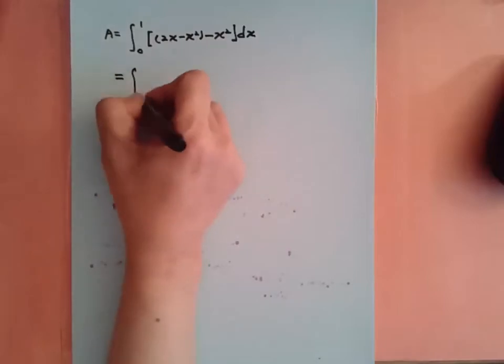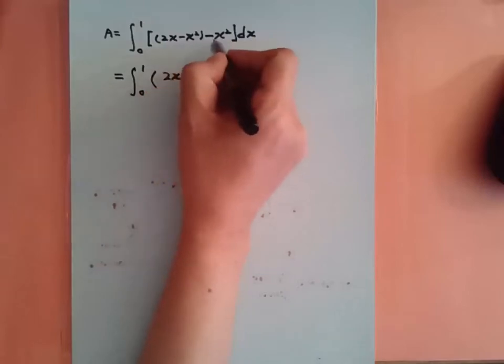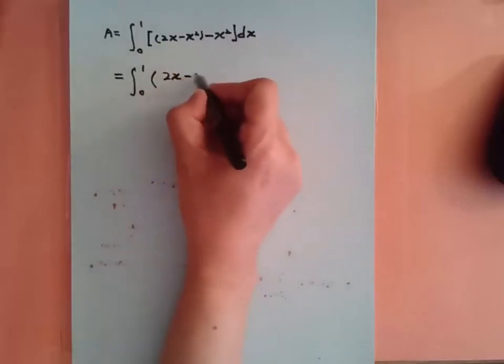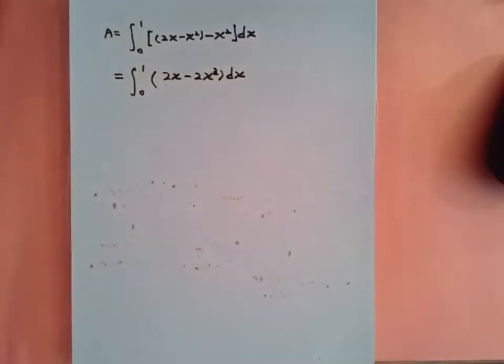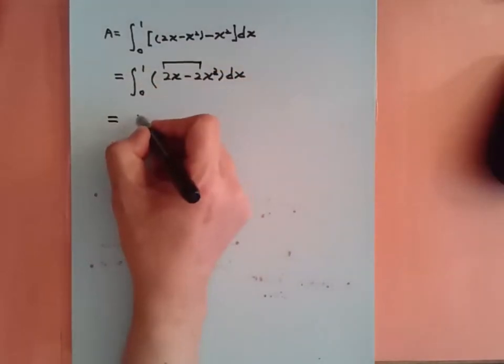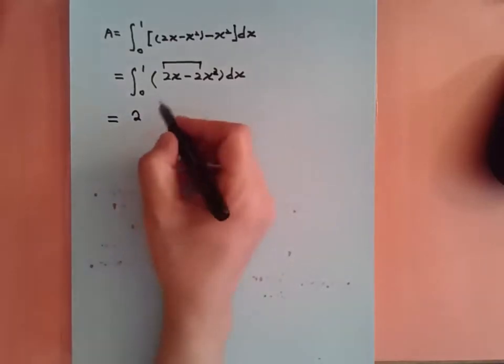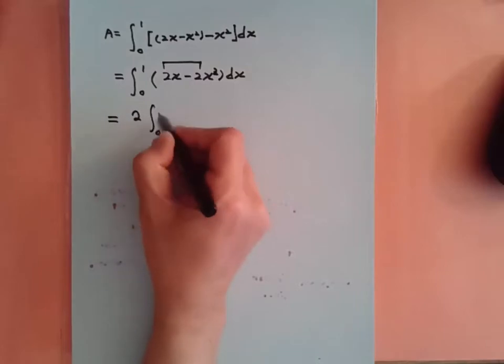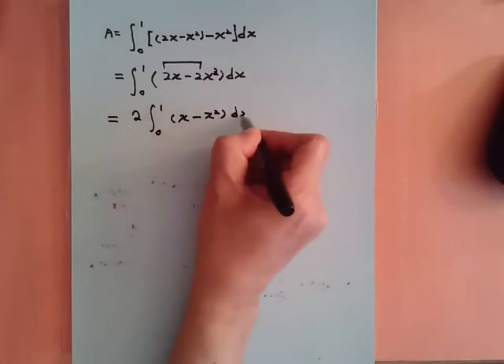So this becomes the integral from 0 to 1 of 2x minus x squared minus x squared, which is 2x minus 2x squared, dx. 2 is a common factor, so we can take that out and write it in front of the integration: 2 times the integral from 0 to 1 of x minus x squared dx.